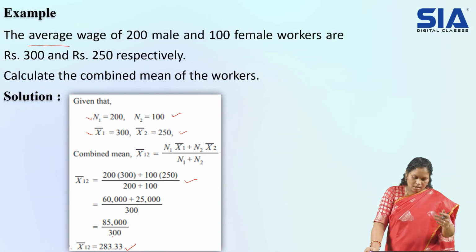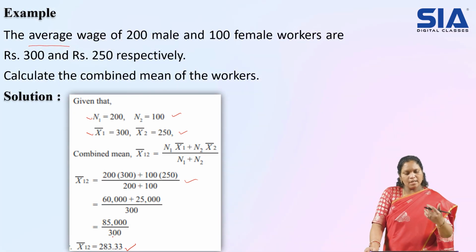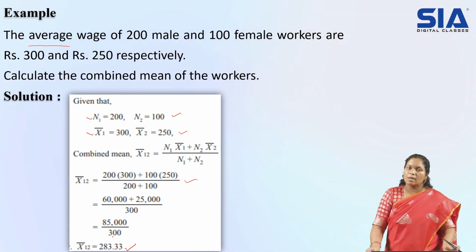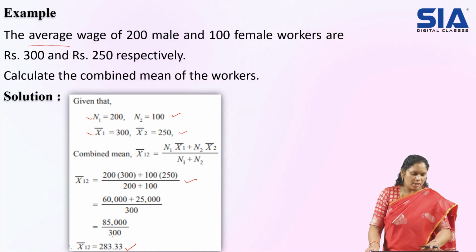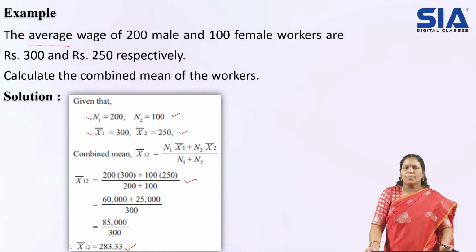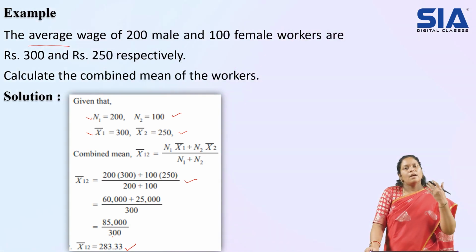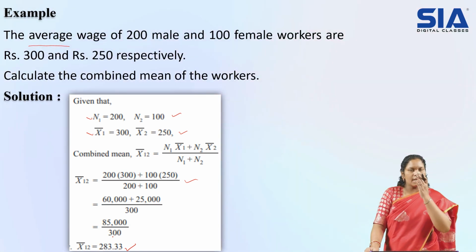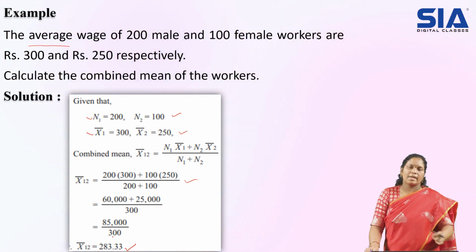It can also go on like this with three different types of data, like the average wage of 200 males and 100 females they have given here. Or average marks of students, like 100 marks in one subject, 200 marks in another, 300 marks in another. Three or four values they can specify.